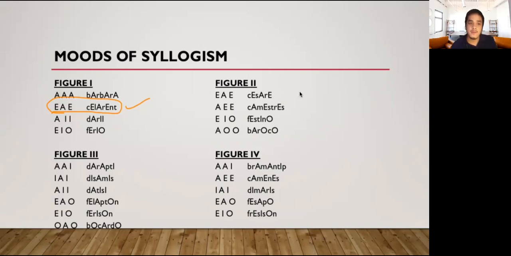So we have 19 valid moods of syllogism that are separated from each other according to their valid figures. For example, figure one, you have Barbara, Celarent, Darii, Ferio. So we have 4 valid moods in figure one.